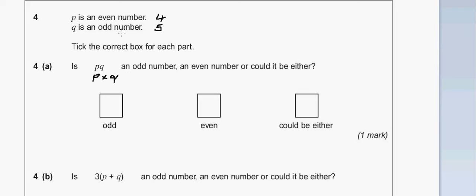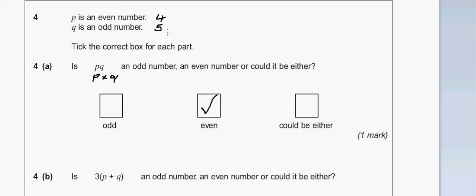So that will be 4 times 5. Now 4 times 5 is 20, and I know that's an even number. Now I just happen to know that if you multiply any number with an even number, you will always get an even number. Okay, but if you don't know that, take random numbers and check it out.